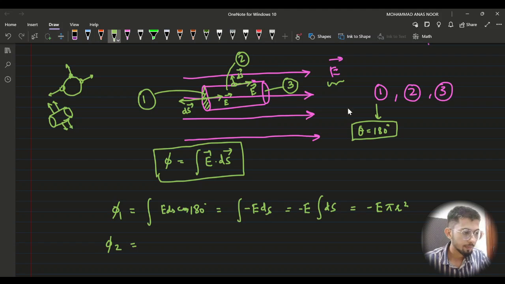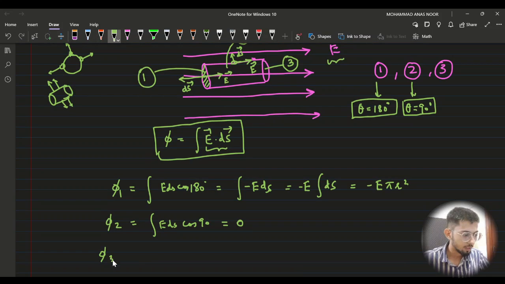So in the second case, the theta between ds and E would be 90 degrees. Now using E dot ds, E into ds into cos 90, which is 0, it will take everything down to 0. No need to find anything else.